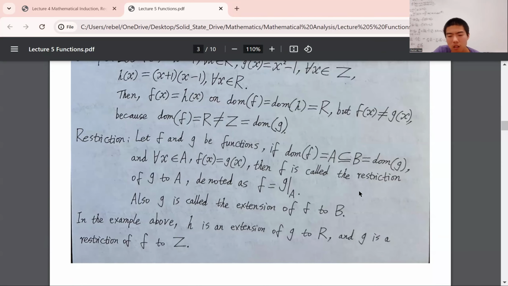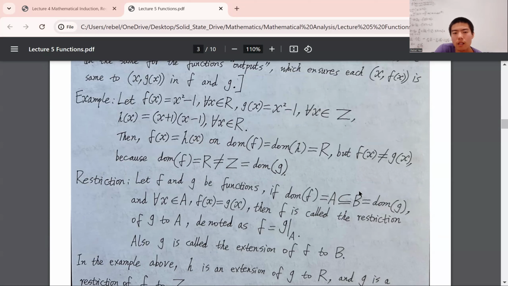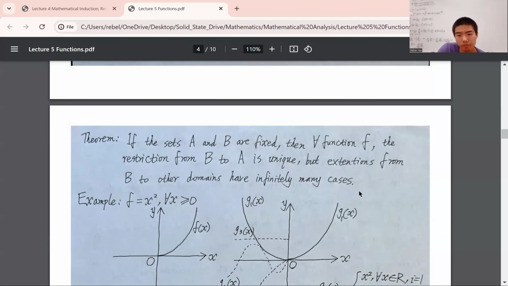I would say yes. I think G is a restriction, because they have the same value on the integers. F and H are just extensions from the integers to real numbers. So that's why we call G a restriction. They have the same value here.